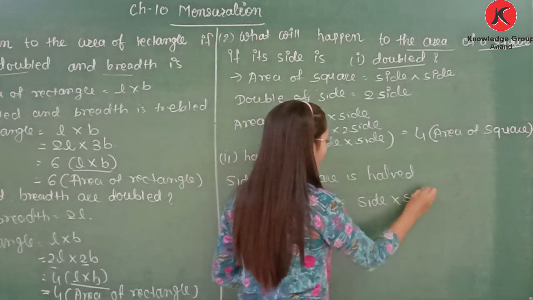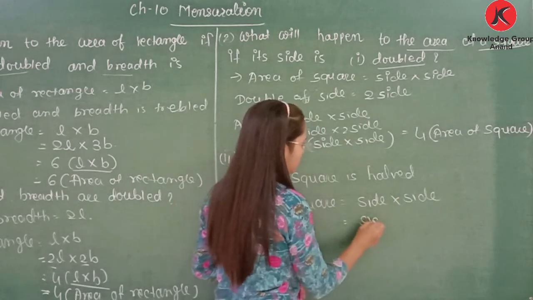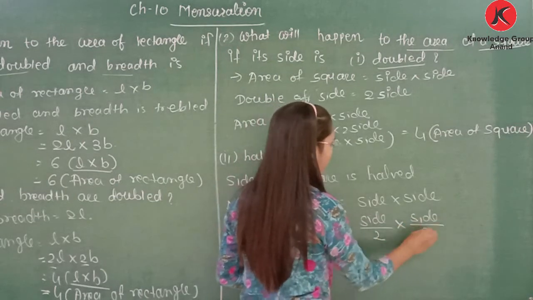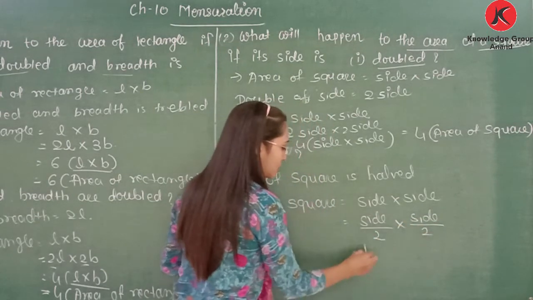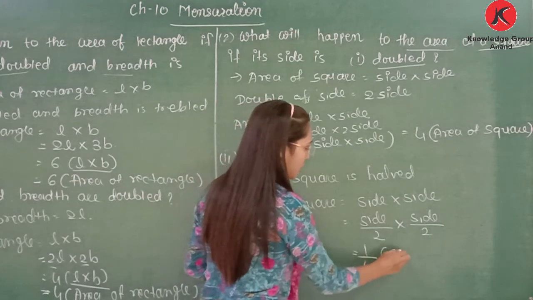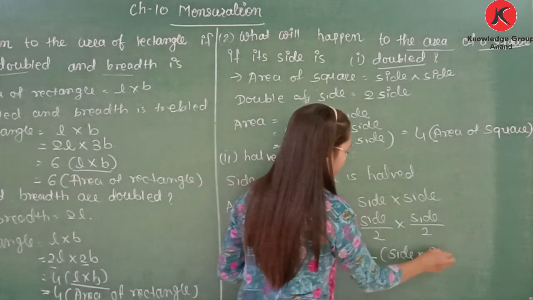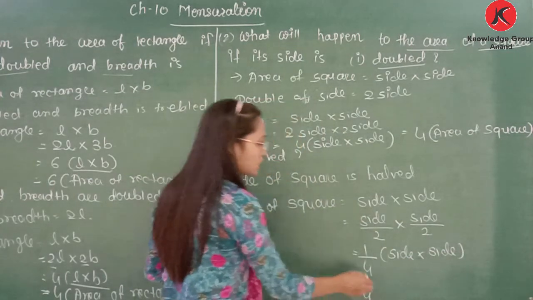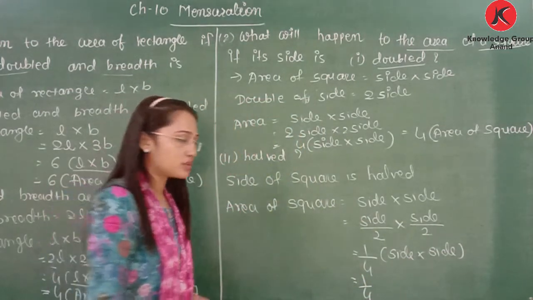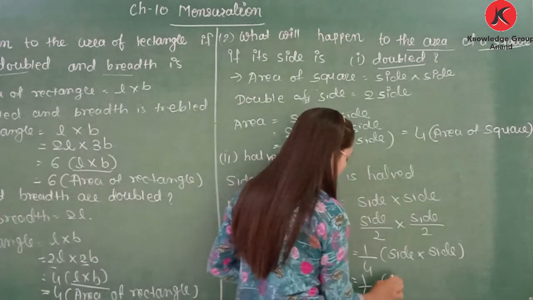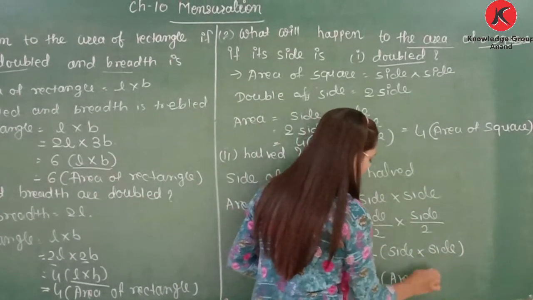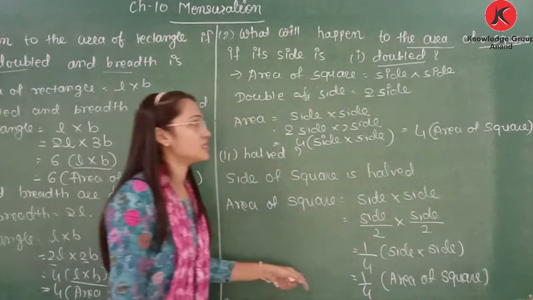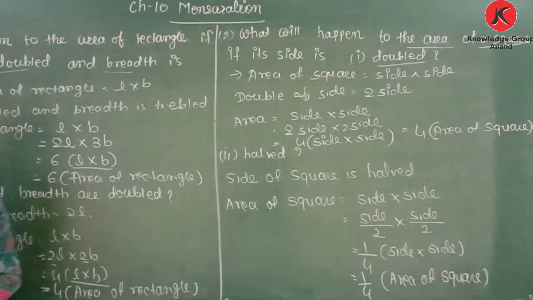But if we take half of the side, side divided by 2, multiplied by side divided by 2, that is 1 by 4, side multiplied by side. So what will be the answer? It is 1/4 of the area of the square if we take half of the side. This kind of example will be asked in MCQ.